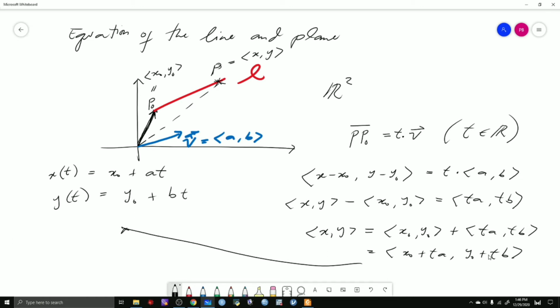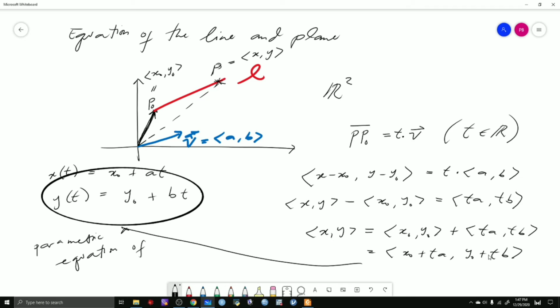So this system of equations is the parametric equation of the line L.